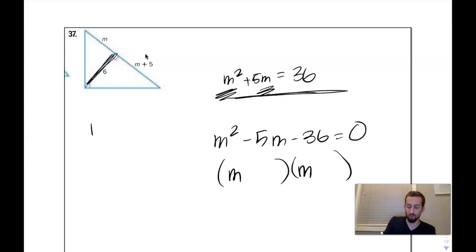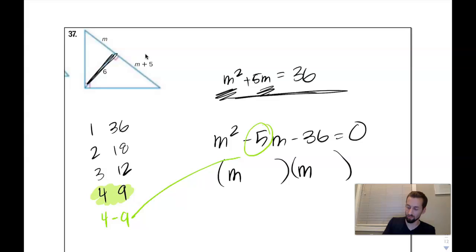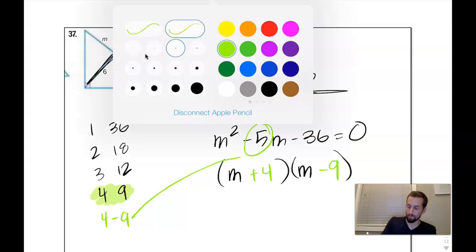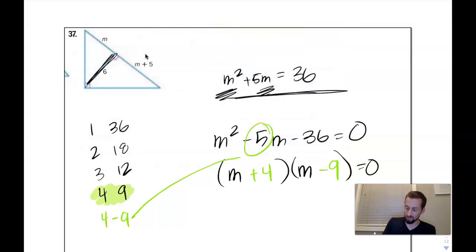And I'm like, okay, 1 and 36, and 2 and 18, 3 and 12, and I've got 4 and 9, and I like these guys because I know if I do 4 minus 9, then I get negative 5. So I'm going to put plus 4 minus 9, and I set each one of these equal to 0.